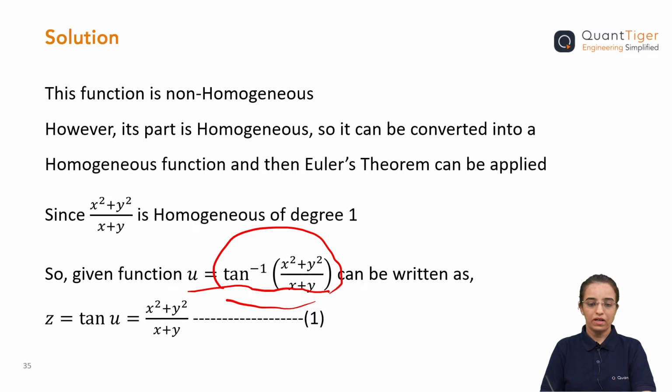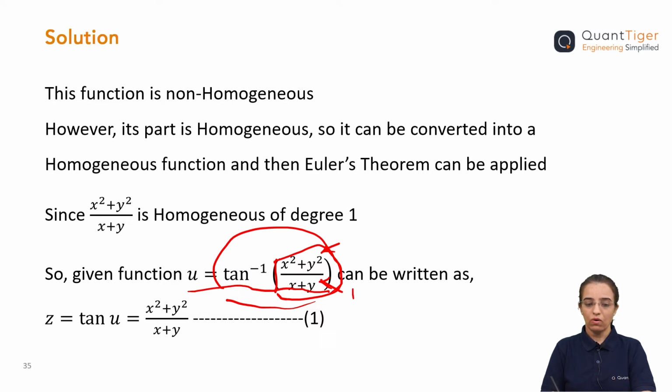But if you look at this bracket, it will become a homogeneous function, because the numerator has order 2 and the denominator has order 1. So this bracket is a homogeneous function of order 1.